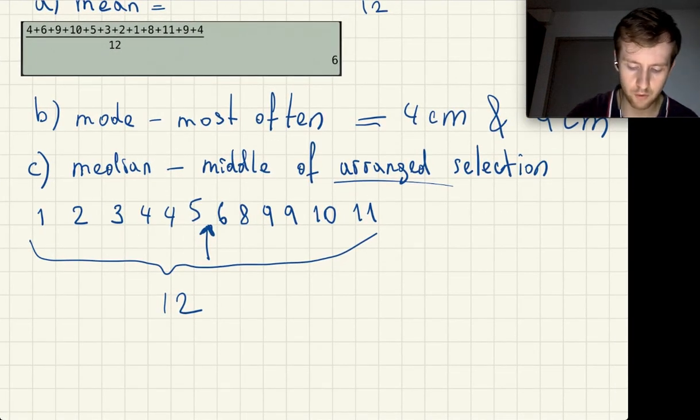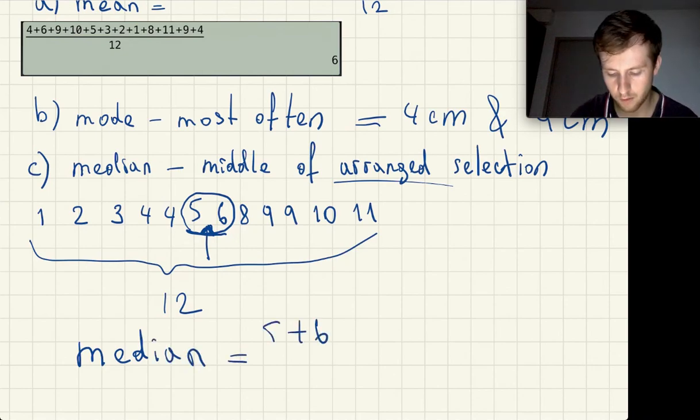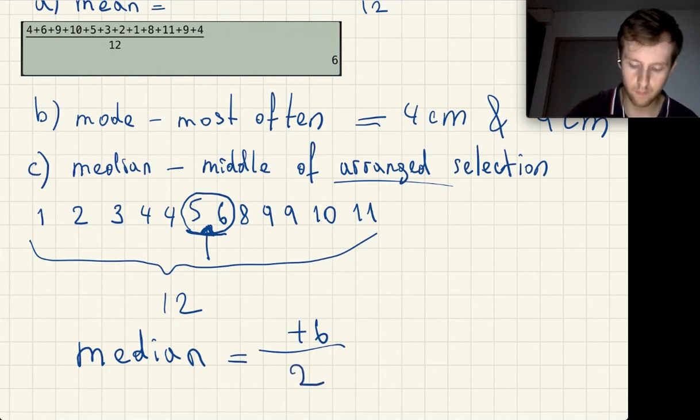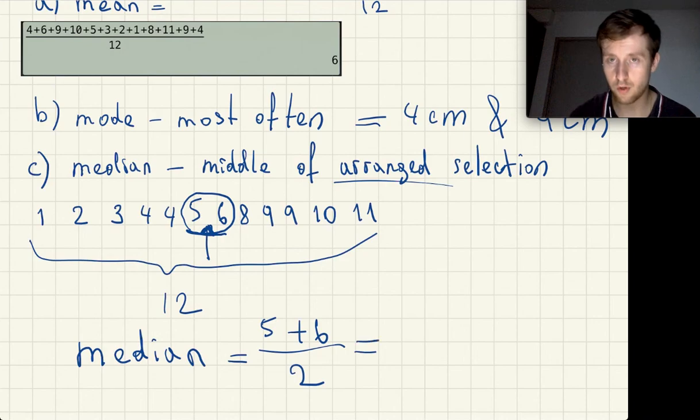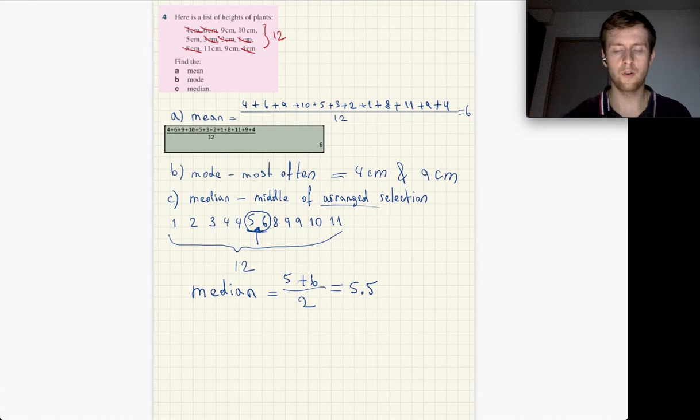It means that we have to take the two numbers which are next to this empty space and find the mean of these two numbers. So 5 plus 6 divided by 2, which would give us 5.5, which is our median. Okay, that's it for this lesson.